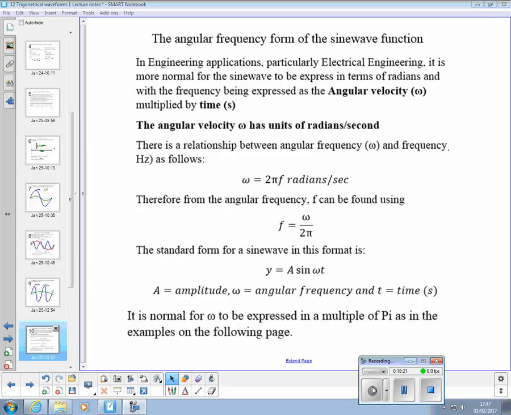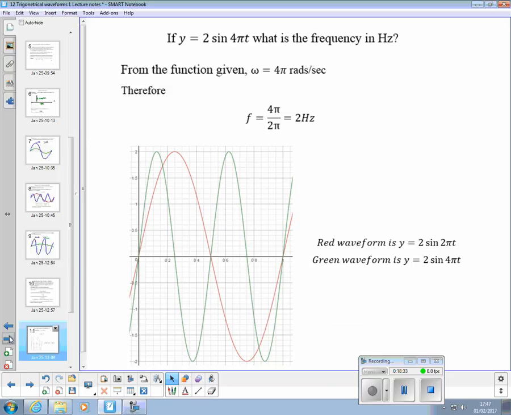It's normal for omega to be expressed as a multiple of pi, as in the examples on the following page. You don't normally express omega as a number on its own, because it would have a never-ending decimal attached to it. Because you're multiplying it by pi, you would express it as a multiple of pi.